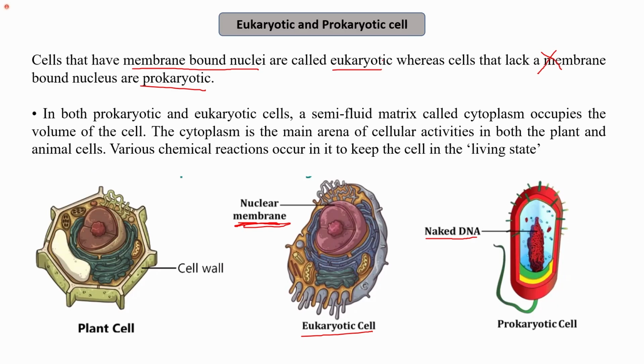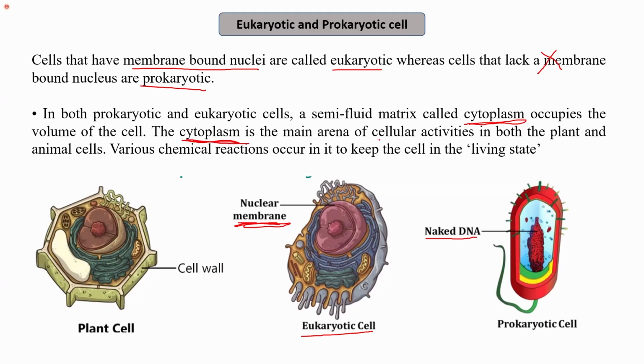In both prokaryotic and eukaryotic cells, a semi-fluid matrix called cytoplasm occupies the volume of the cell. So cytoplasm is present in both eukaryotic and prokaryotic cells, and most of the activities, all the biochemical reactions, happen in the cytoplasm. It is the main arena of the cellular activities.